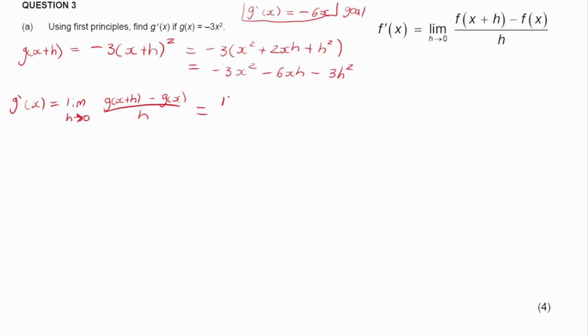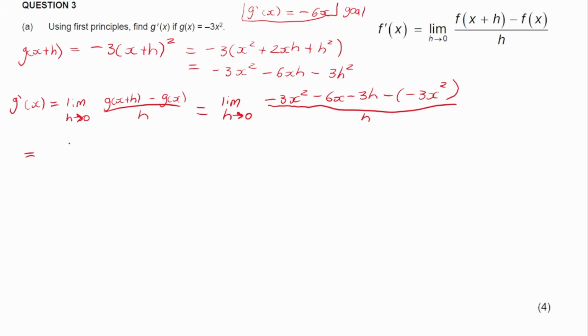Okay, so we keep writing this, and we get g of x plus h, which is just this thing over here. So we write that, and we minus g of x. Be very careful here. G of x is negative 3x squared, and we have to minus that. And all of that is over h.